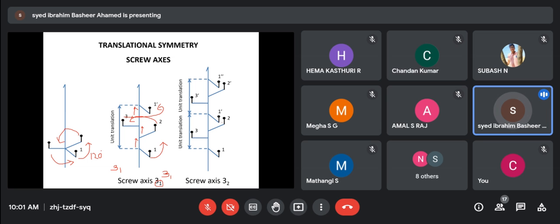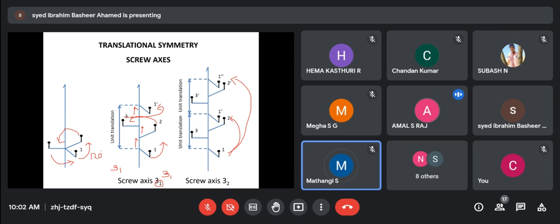Okay. If you translate the molecule 1 unit, it is 3, 1. If you translate 2 units, it is called 3, 2. Is it clear, students? Yes, sir. Okay.